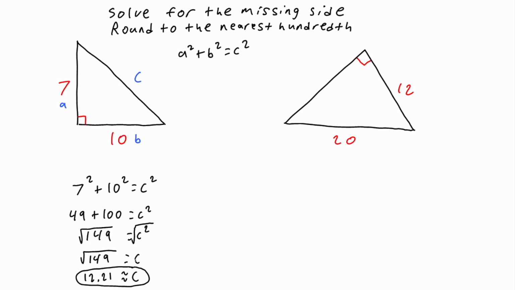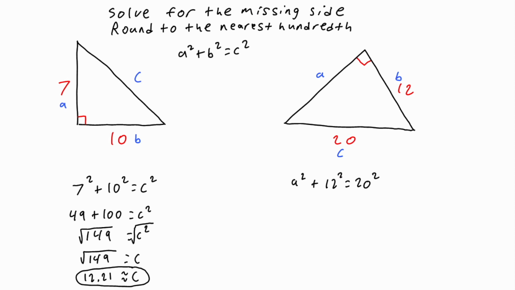All right, and for the next one, again, we've got our A, B, and C. Again, it doesn't matter which one is A or B, but it does matter which one is C. So, we're going to have A squared plus 12 squared equals 20 squared.